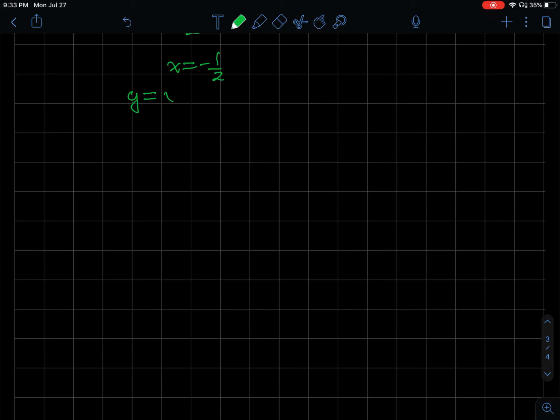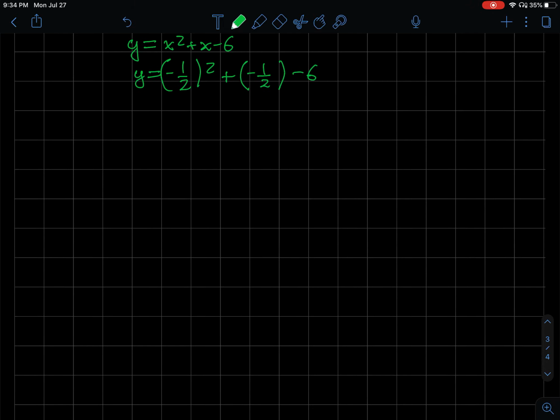When y equals x squared plus x minus 6, everywhere we see an x, we're going to replace it with negative 1/2, and it'll get us y equals (negative 1/2) squared plus negative 1/2 minus 6. You can solve this, and it'll turn out to be negative 25 over 4. I like it as an improper fraction, but if you want to visualize it better, then read it as negative 6 1/4.